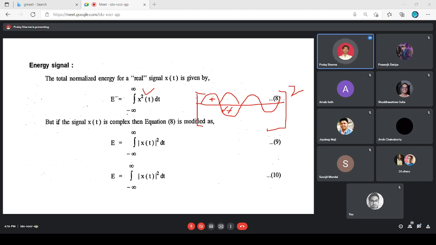So the measurement of energy is the integration from minus infinity to plus infinity of x square(t) dt. If the signal is a complex signal, then we can take the modulus of the signal. To generalize this, we write the energy expression like this: integration from minus infinity to plus infinity of mod x(t) square dt.